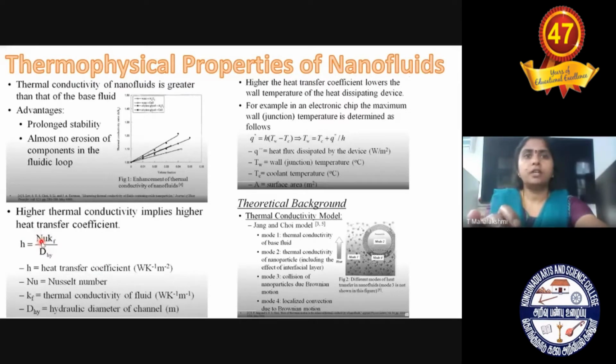Nu is the Nusselt number which represents the heat transfer rate in heat transfer analysis. And these are the models of thermal conductivity. This is model 1 and 2, and this is the fourth model we are having. Different models of heat transfer in nanofluids.